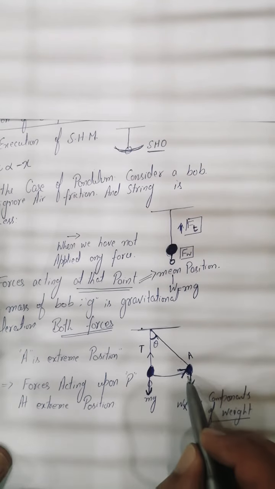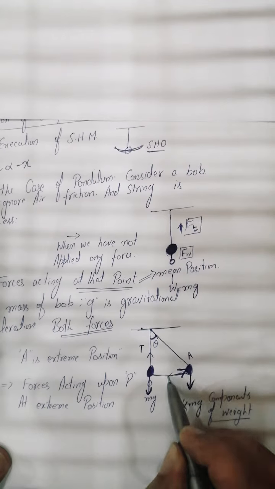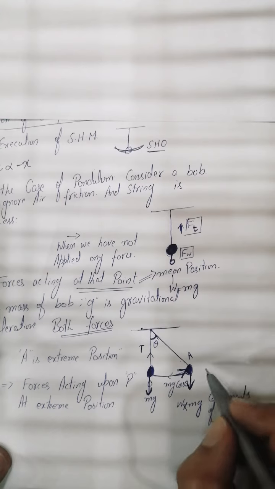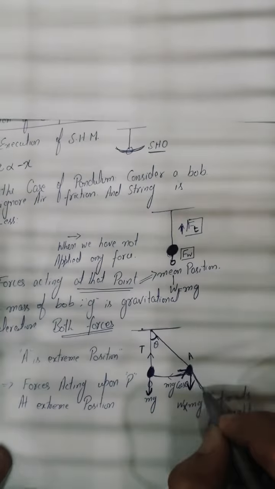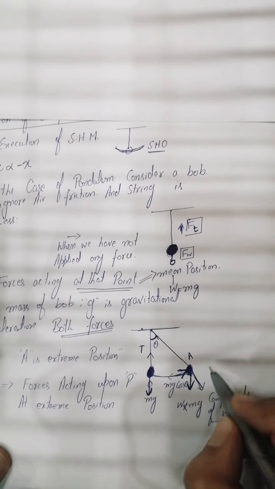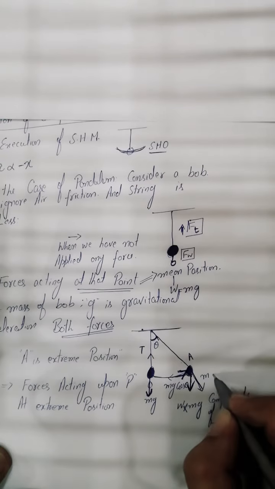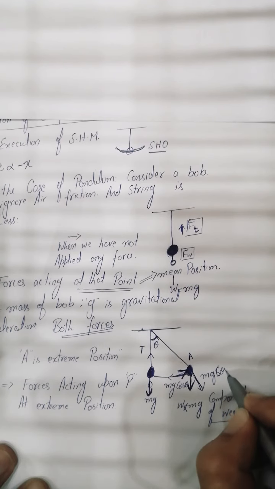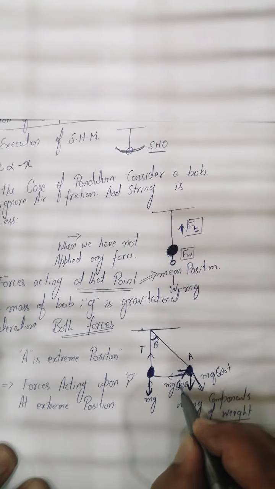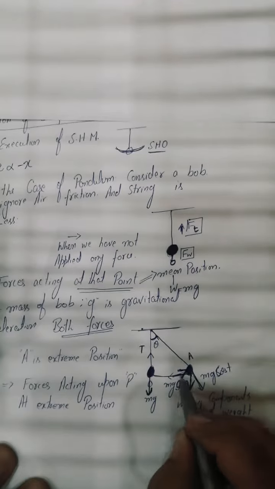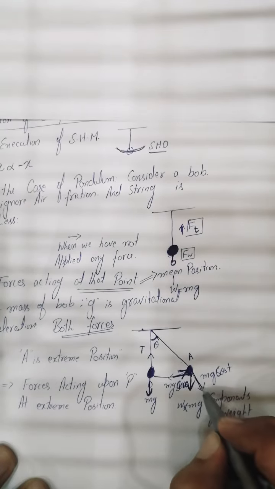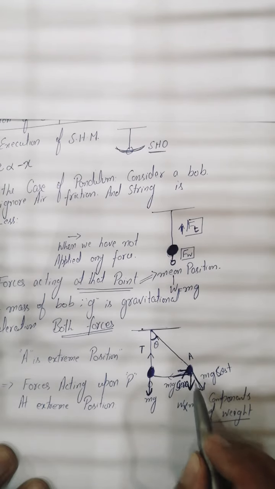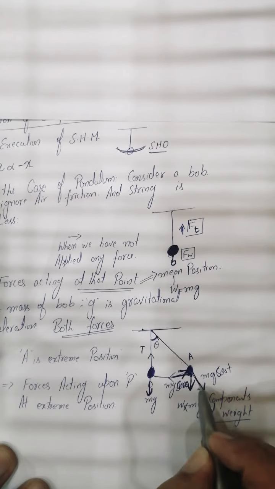So there are two components. One component is mg cos theta, and the other component, which will be straight, is mg sin theta, because this is our base and this is our perpendicular, and this vector is being converted into two components.